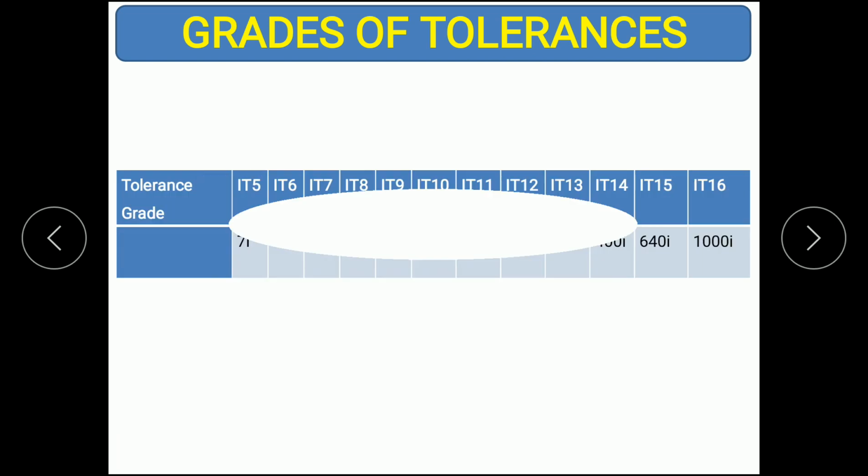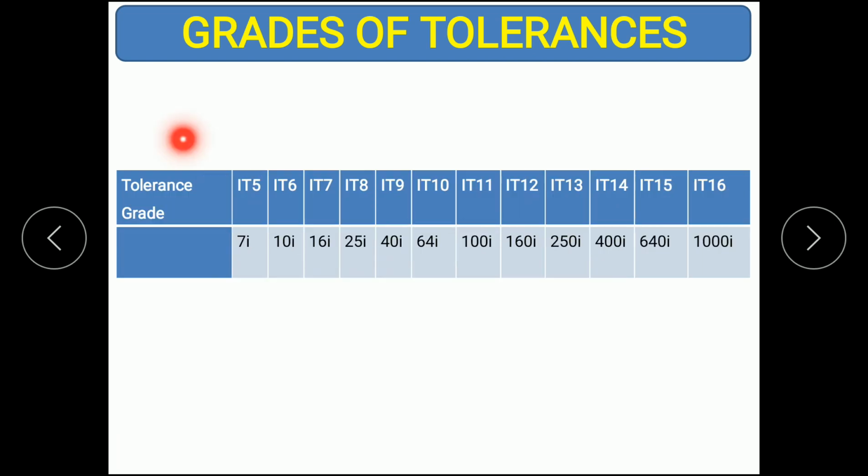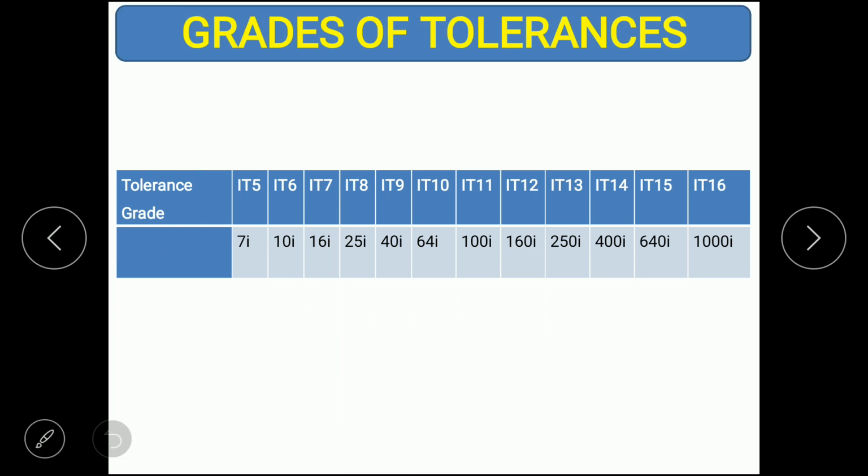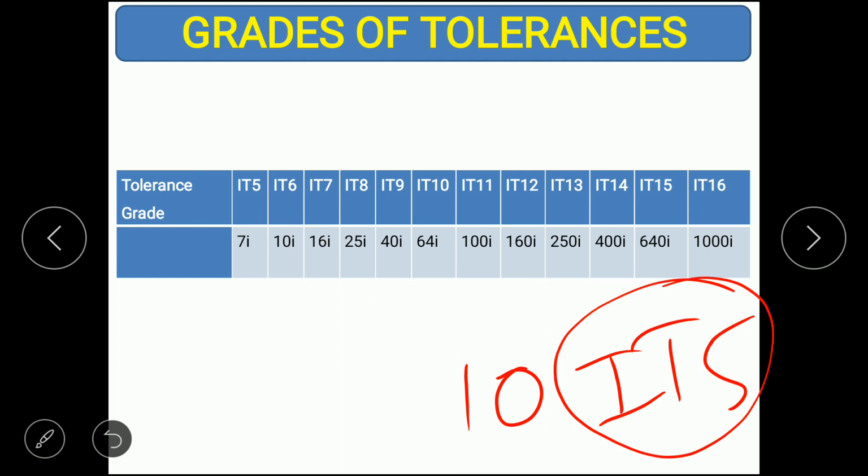So here you can see tolerance grades IT5. Some few examples are given here. IT5, IT6, IT7 are 7i, 10i, 16i. These tolerance grades indicate particular values. Suppose there is a shaft of 10 mm with a tolerance grade of IT5, IT5 will indicate a particular value.